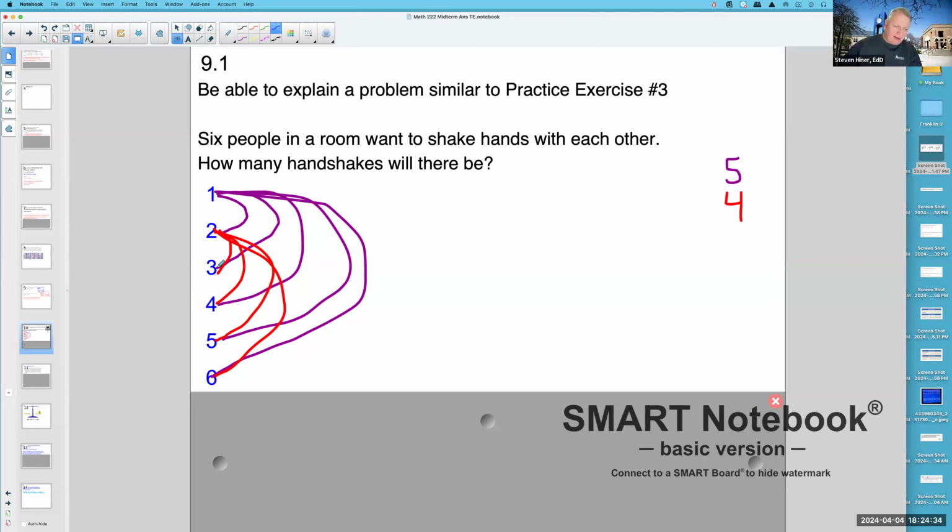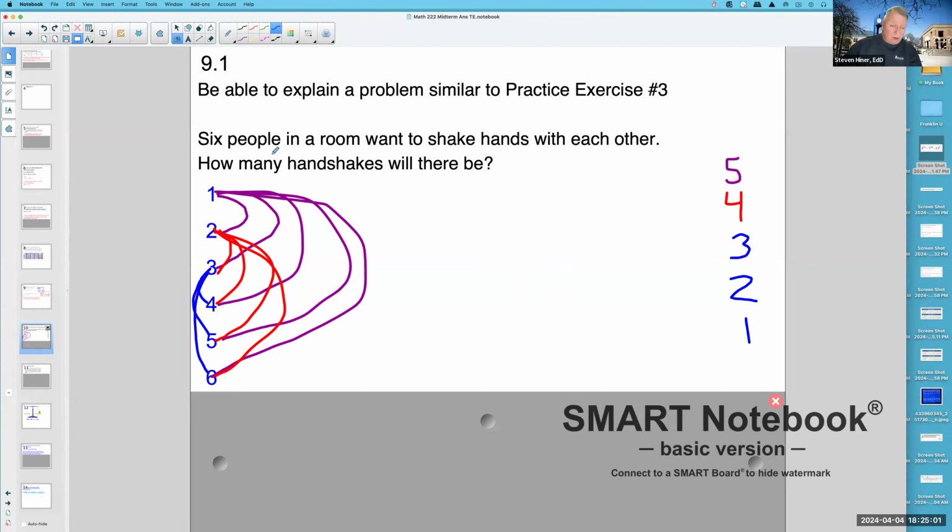So now number 3 has already shaken hands with 1 and 2. So 1, 2, 3 handshakes for person number 3. So 4 is only going to have to shake 5 and 6's hands. And 5 is only going to have to shake 6's hand. So it actually decreases 1 each time.